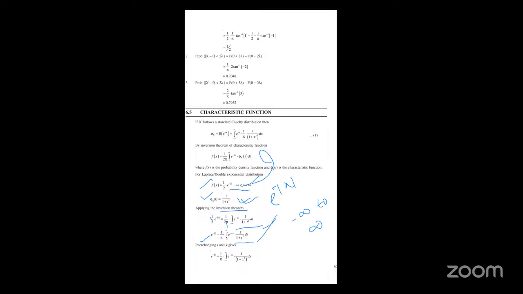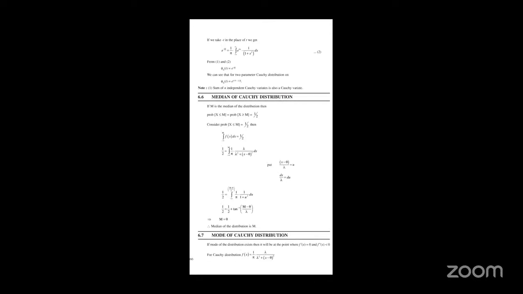What happens when we interchange t and x? In the place of x we'll substitute t, and in the place of t we'll substitute x. So we are interchanging x and t in the characteristic function.